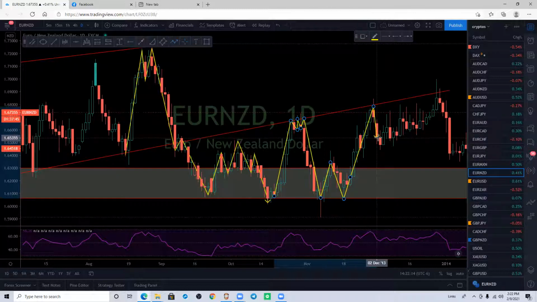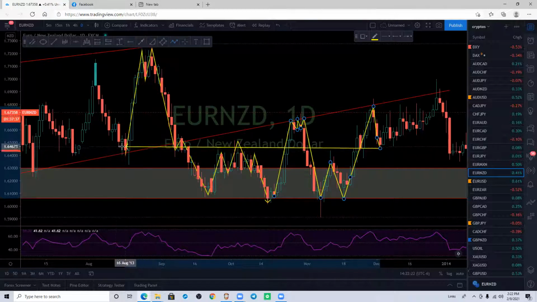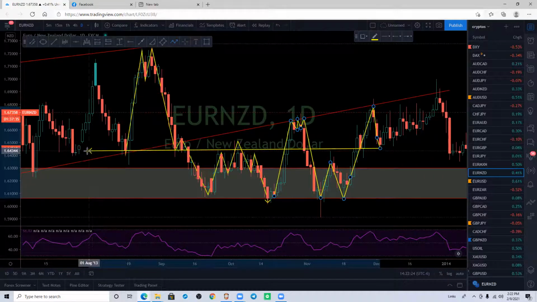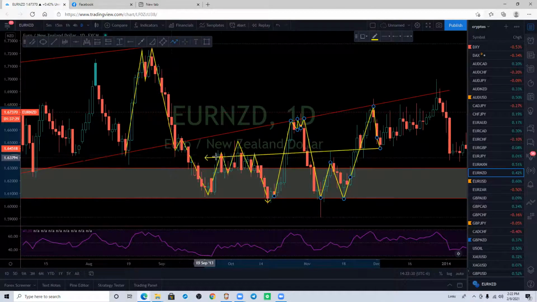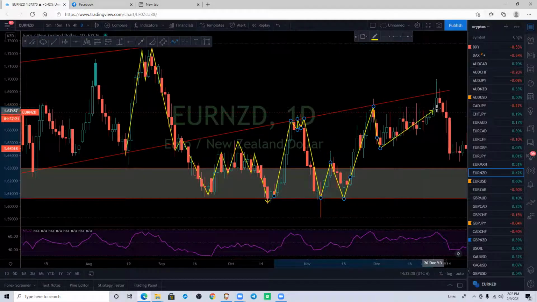We got engulfing here, and it stopped. So y'all can see, follow this yellow line to these points of rejection. All these form a zone.